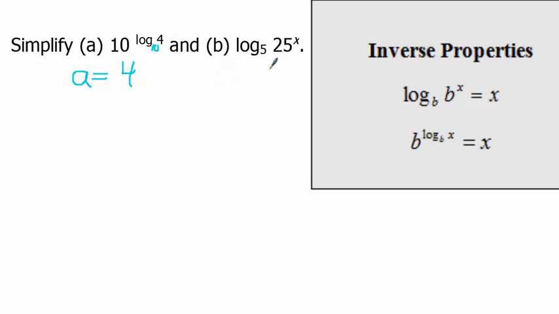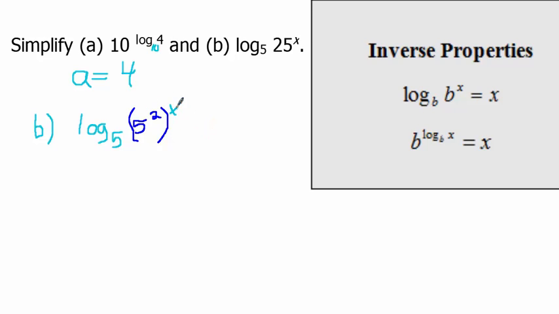Now here, I don't have a 5 here, so I want to rewrite B in a way that I can see that. And I'm going to do log base 5. And what I need to change is 5 squared is 25. Going back to my x.